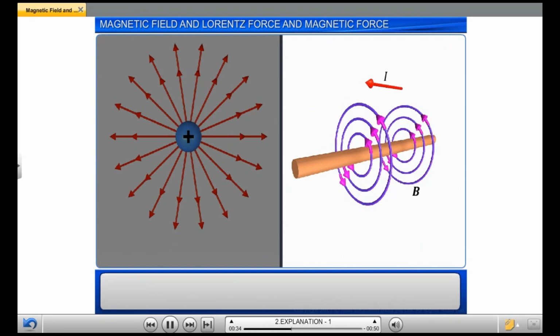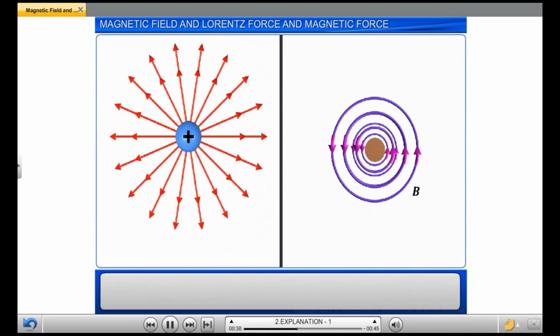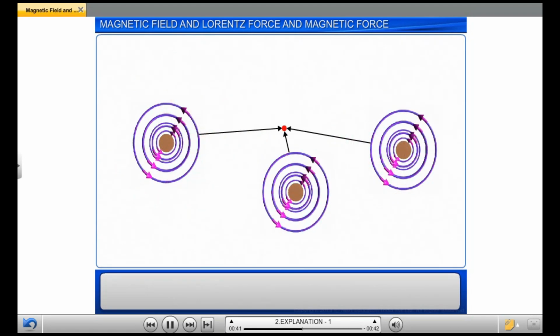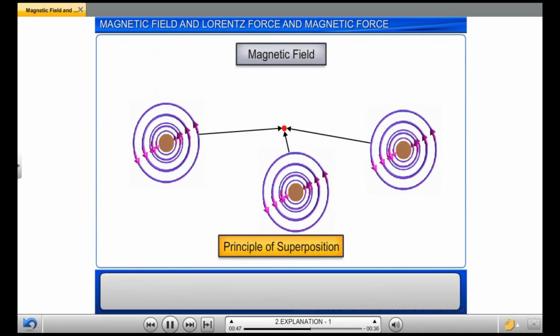The properties of a magnetic field are identical to those of an electric field. Similar to an electric field, a magnetic field also obeys the principle of superposition. Consider B1, B2, and B3 as magnetic fields at a point due to three different sources, such as three current-carrying conductors.